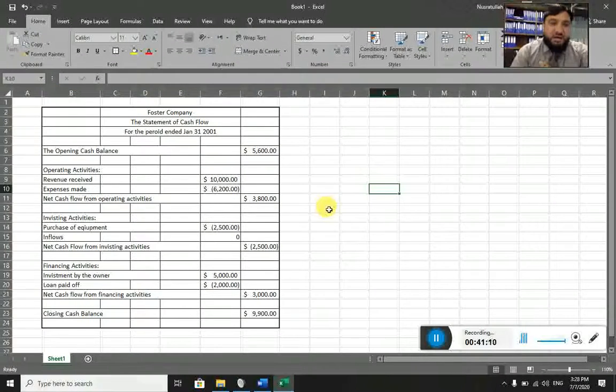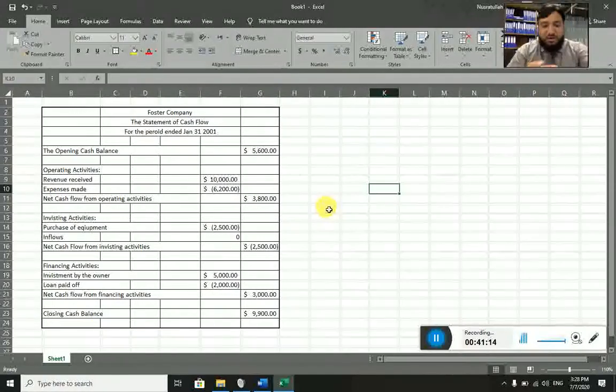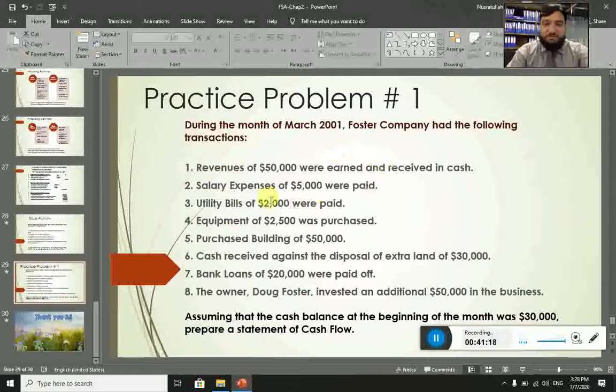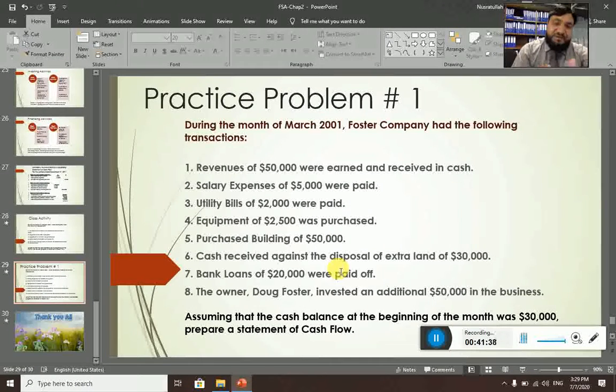So this is how a cash flow statement is prepared. Now you are required to work on problem number 1 here. There are 8 transactions. Before preparing the cash flow statement, please read each transaction carefully, and decide whether this is an operating activity, a financing activity, or an investing activity.